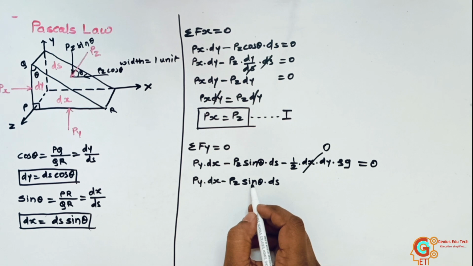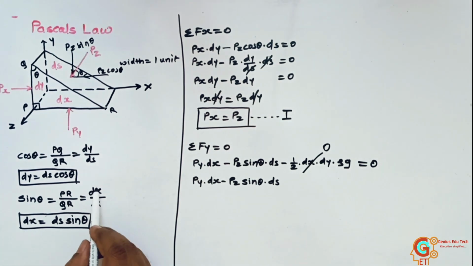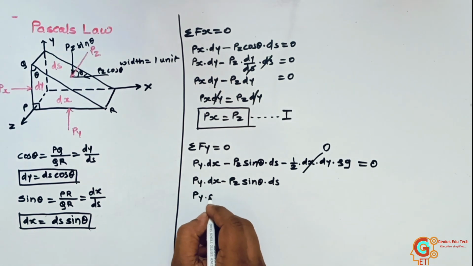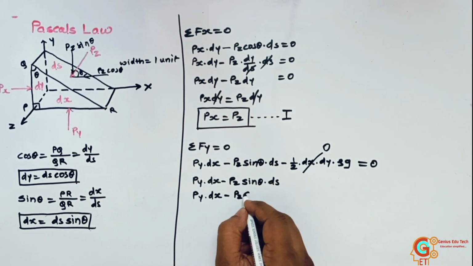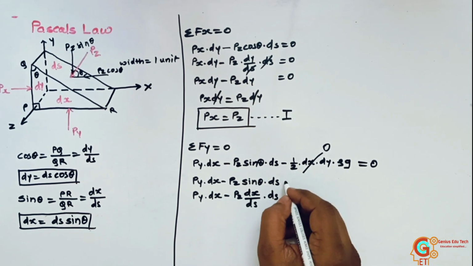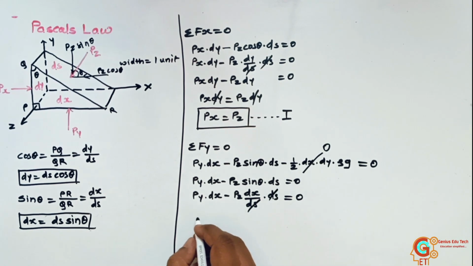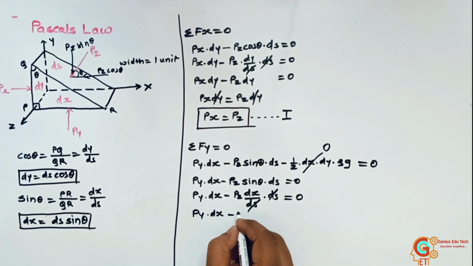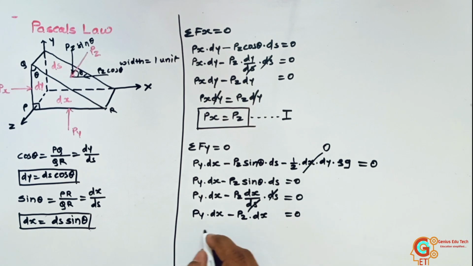Again, we can replace for sin theta from here. We know sin theta is equal to dx upon ds. It becomes Py dx minus Pz dx upon ds into ds is equal to 0. So I get the equation Py dx minus Pz dx is equal to 0.